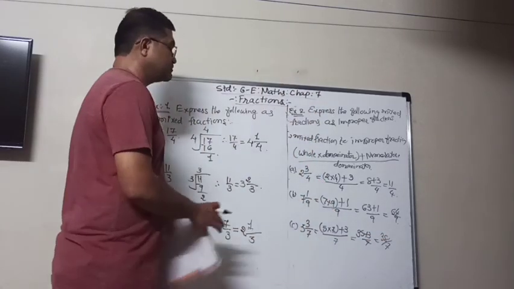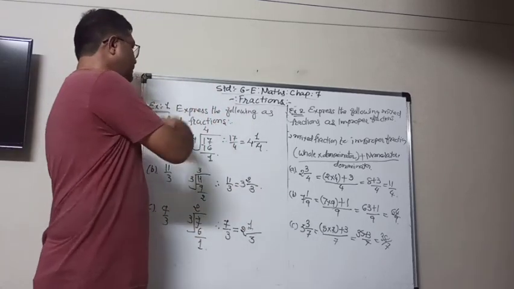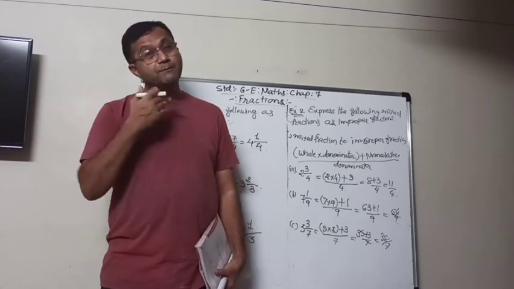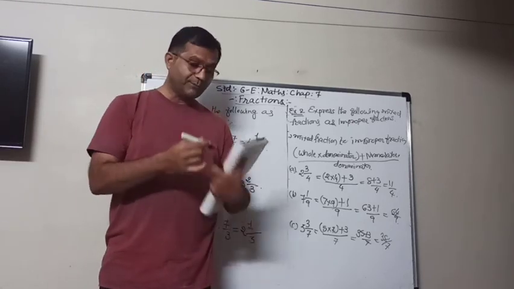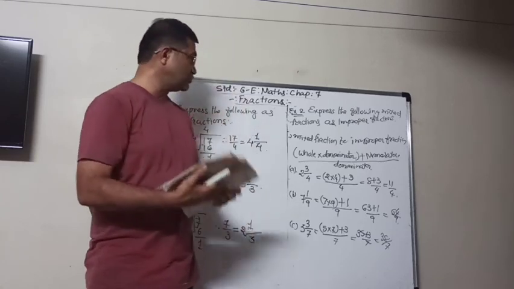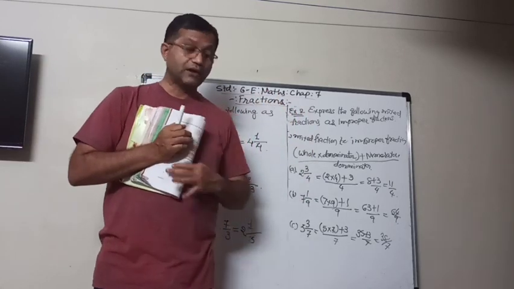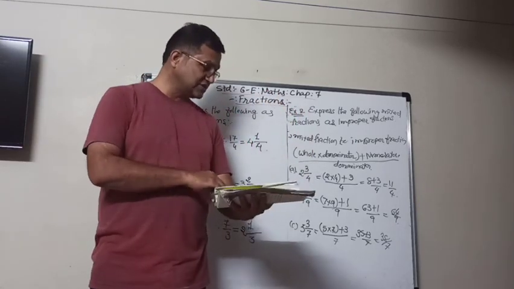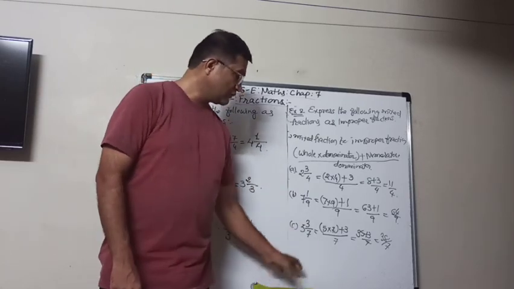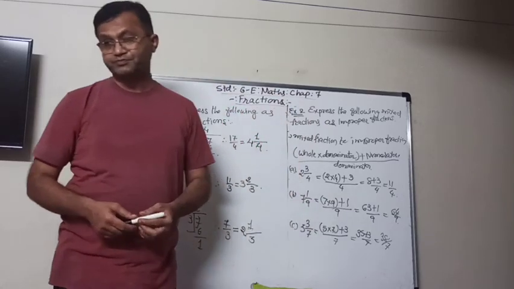So this way we can convert from improper fraction to mixed fraction, and from mixed fraction to improper fractions also. Just remember how to convert it, and then it is very easy. According to the necessity you can convert them from improper to mixed fraction or the reverse.